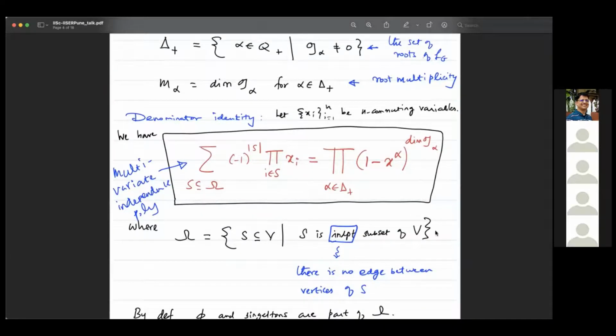It is a subset of the vertex set V, such that if you take the subgraph spanned by S, there should not be any edge between the vertices of S. That means the subgraph spanned by S is totally disconnected.